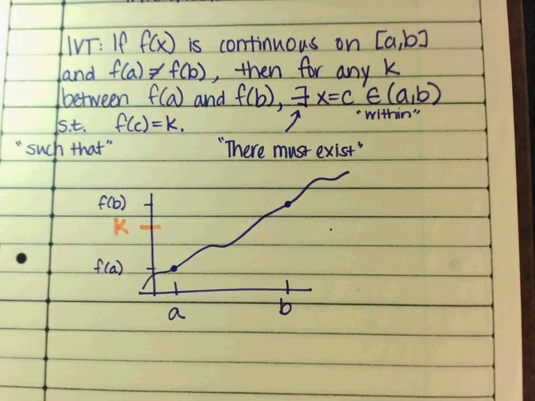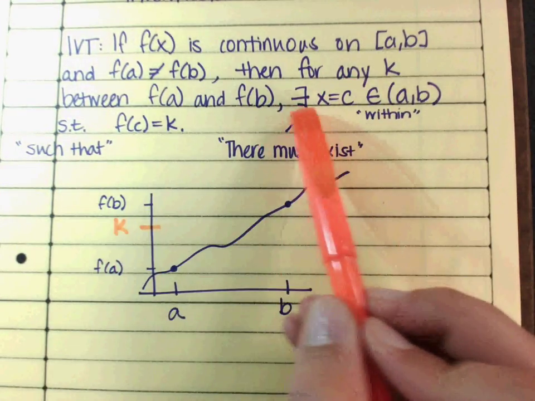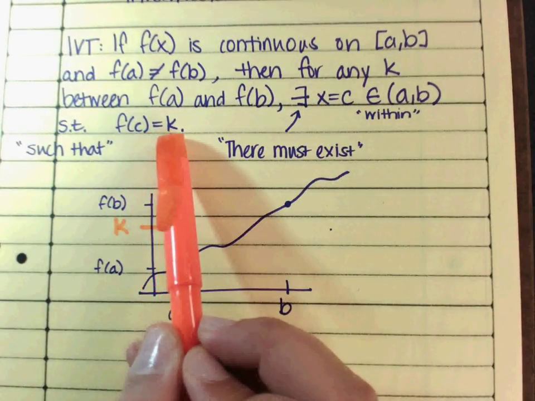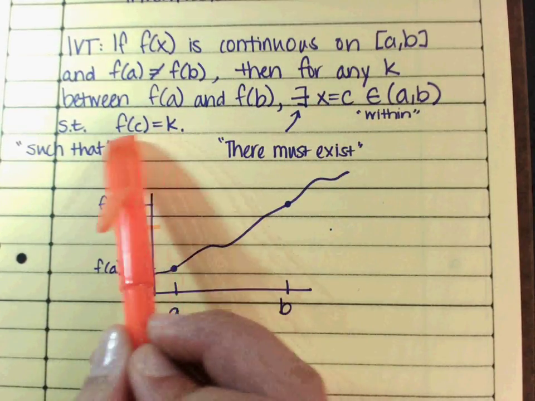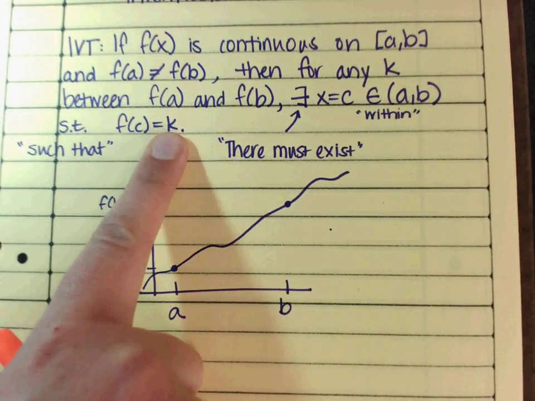But notice that it says for any k. So I'm just kind of picking one. As long as it's between those, though, that would be okay for a k. Okay, so it says for any k, there has to be a c where f of c equals k. In this statement right here, c is an x value, k is a y value.